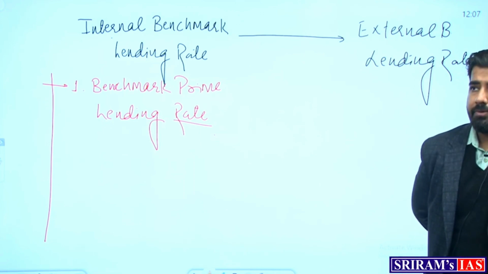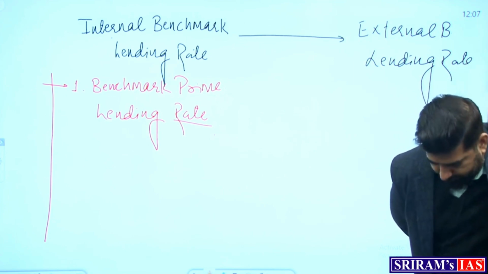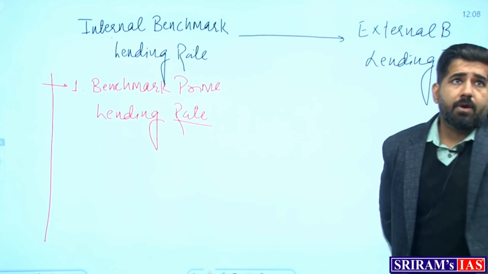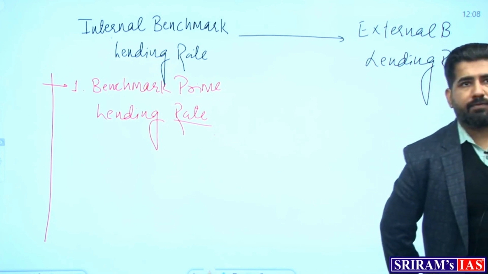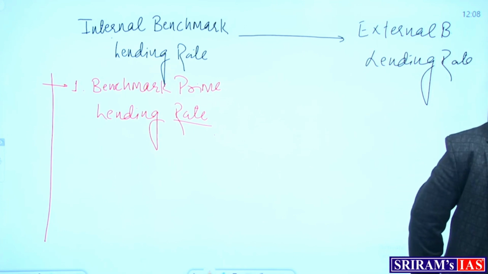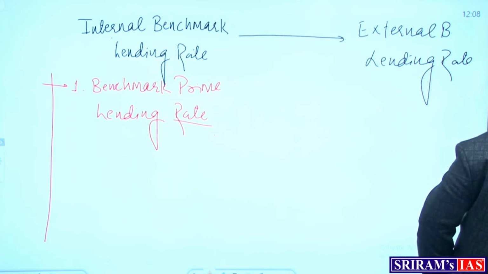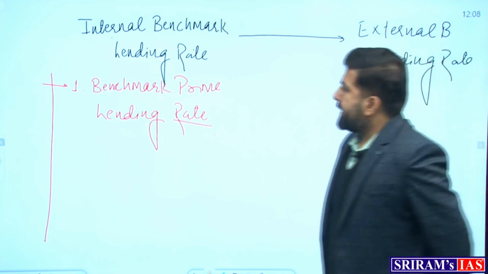Full stop. Continue. Under it, bank loans were priced on the actual cost of funds. Bank loans were priced on the actual cost of funds. Clear?